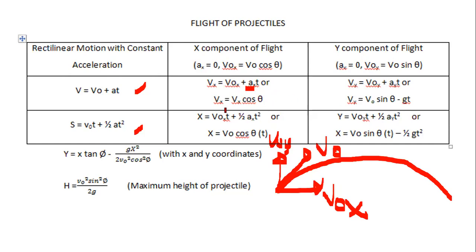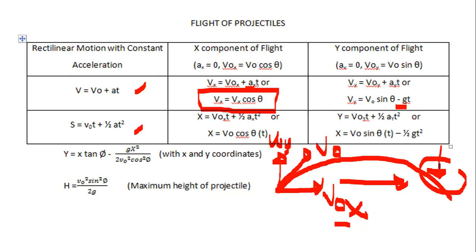Okay, so here for Vx, you have AX, or for the X component, acceleration is 0, because it's constantly moving to the right, so there is no change in the velocity in the X component. But for the vertical component, there is a change because of the gravitational acceleration. That's why the Vx, or the horizontal component in the projectile, is only this one. Whereas for the vertical component, there is a negative G, because the normal direction of gravitational acceleration, or G, is going down. Since the direction of the vertical component based on this initial velocity is going up, this one is a negative value, it's in the opposing direction.